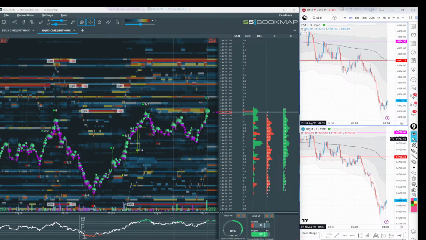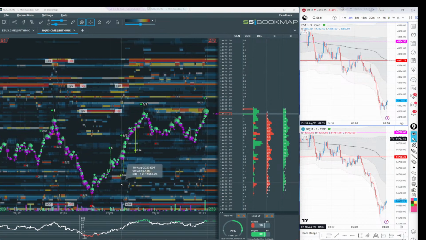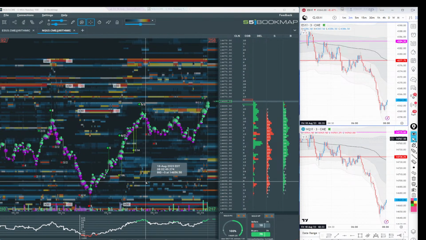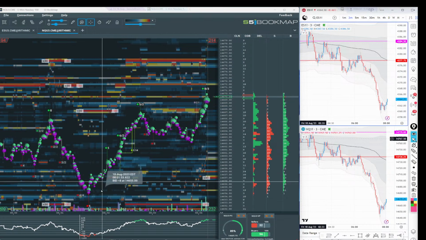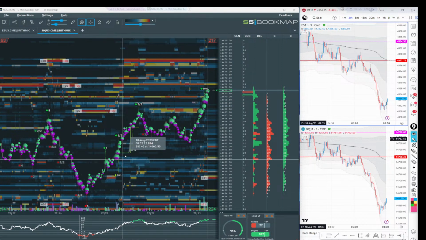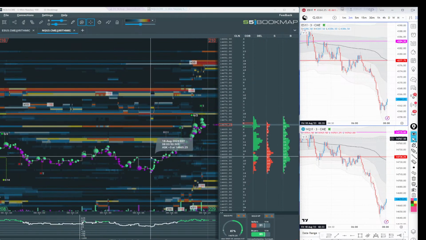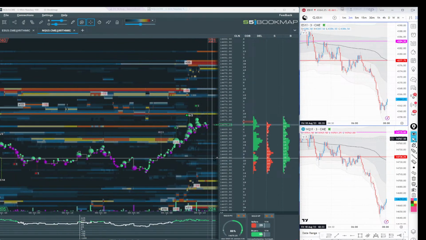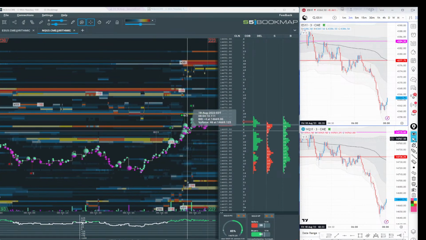The biggest change from the previous webinar, which I hinted at last time, is that we've got volume dots in the heat map display, and you can see the size of those volume dots.